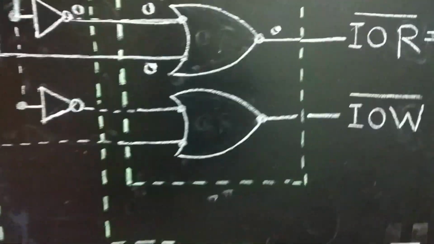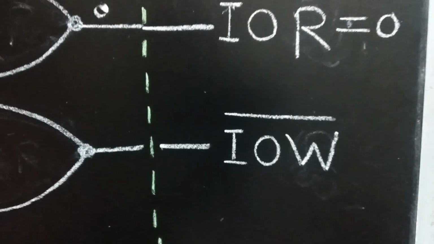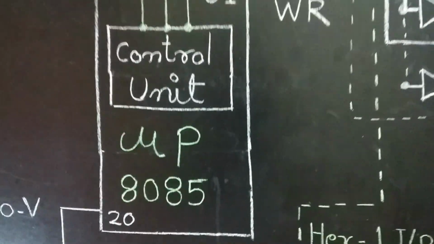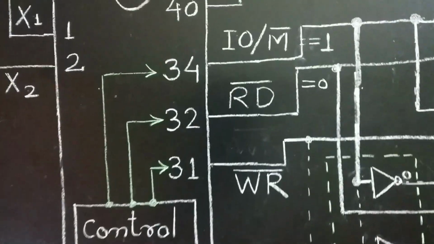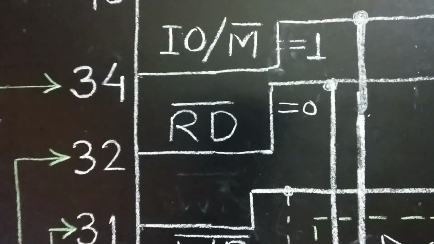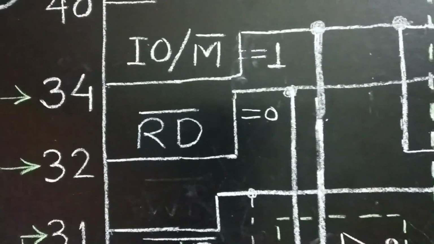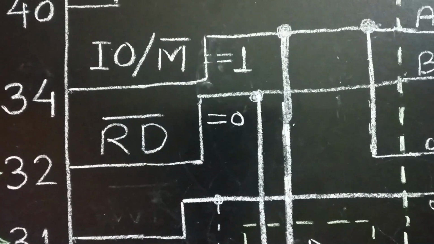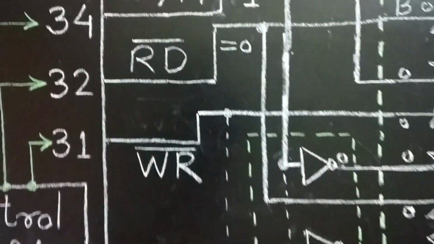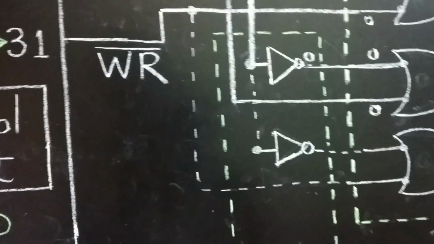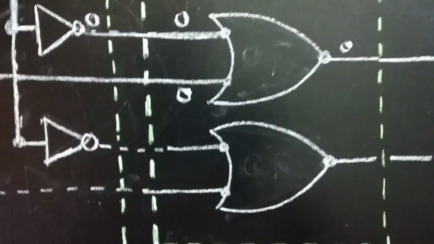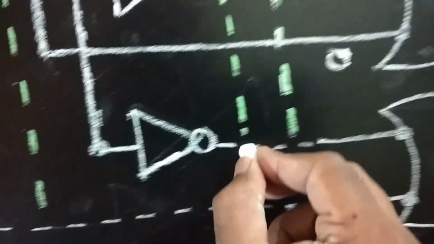Thus the last operation, which is IO write operation, for generating this signal, again the control unit of the microprocessor will activate the pin number 34, that is IOM bar, as 1, and this 1 signal, plus 5 volt signal, must be inverted so that we can feed this signal to the OR gate, and it should be connected to the fourth OR gate.